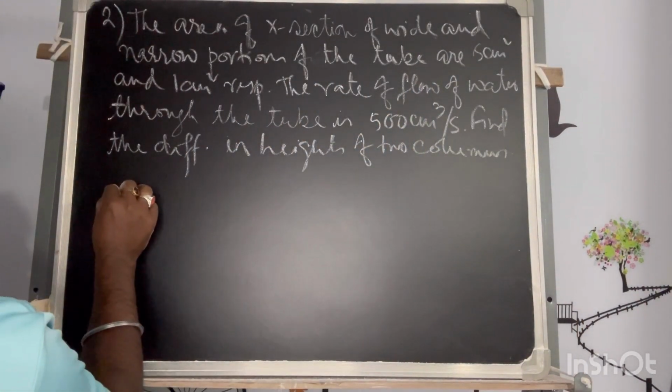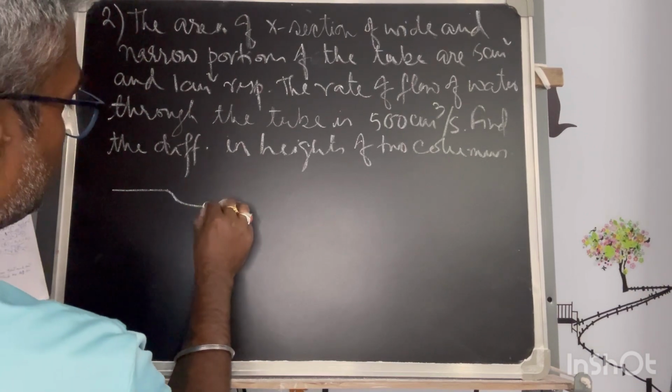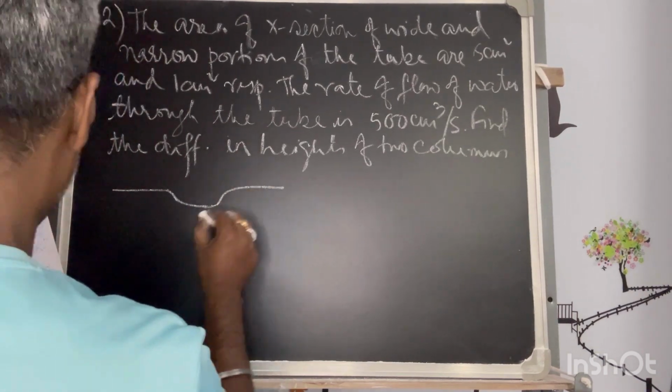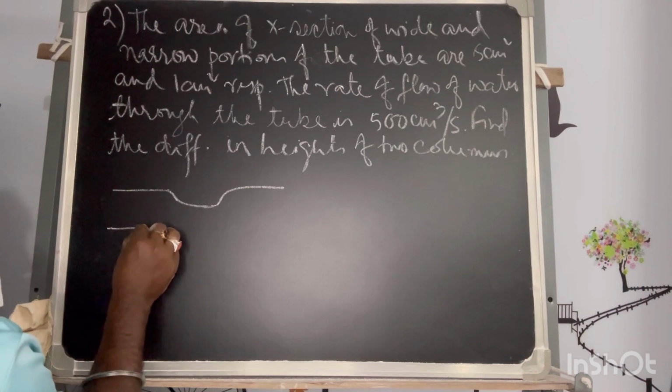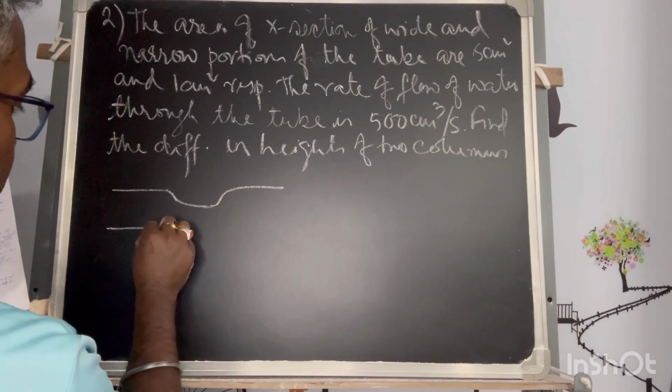So the arrangement is, this is kind of a manometer, I can say. This is kind of manometer that is being installed, U-tube manometer. That arrangement we have seen earlier also.